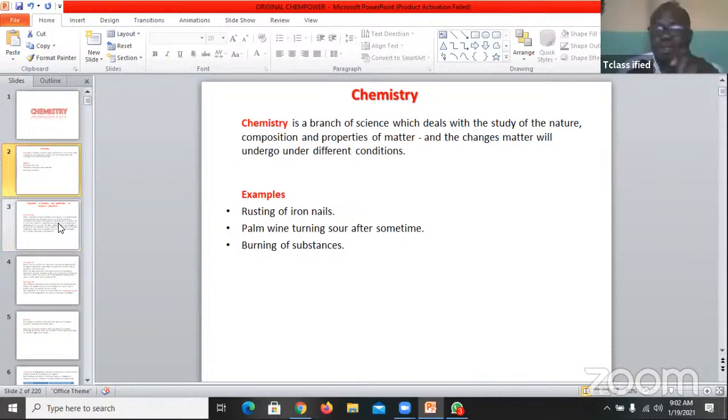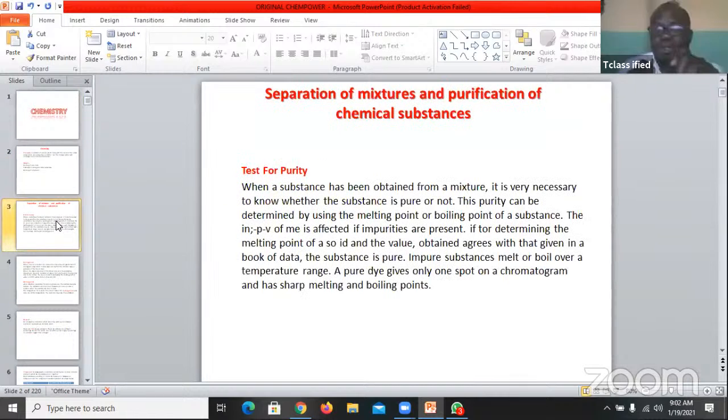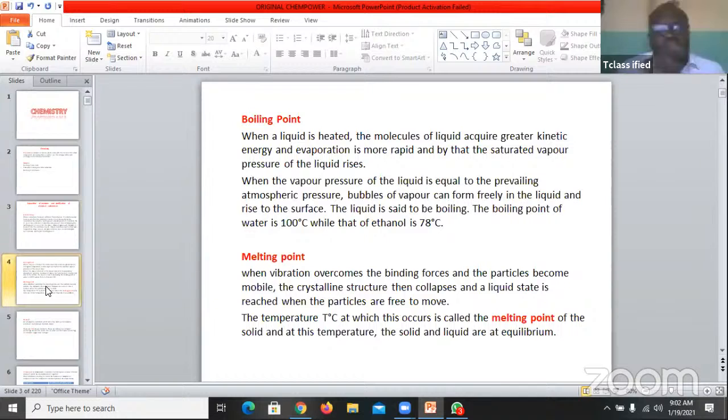So very importantly, we are going to go to the next thing, which will be test for purity. How do you know that something is pure? There are three major ways you can check the purity of a substance. Talk about the boiling point, the melting point, and color. If a substance boils at the right boiling point, then it is pure.